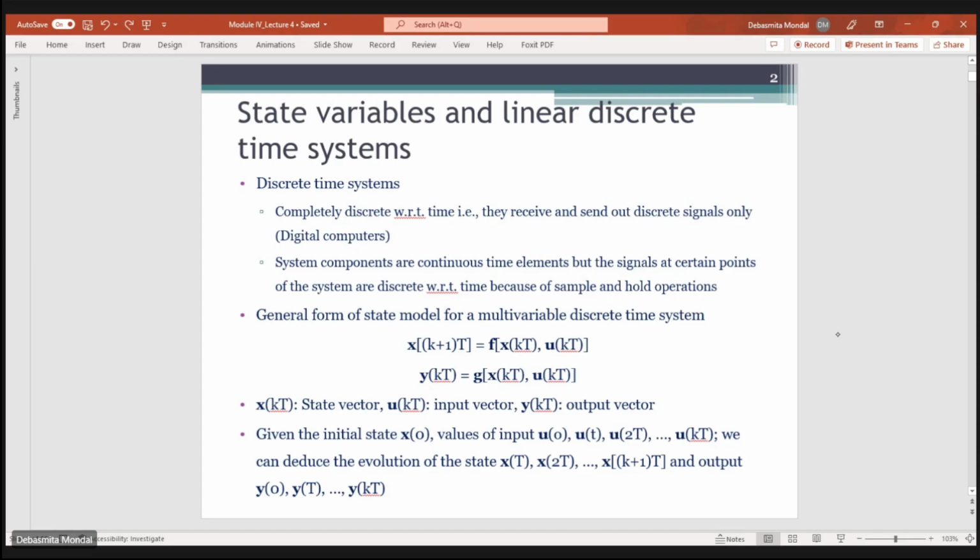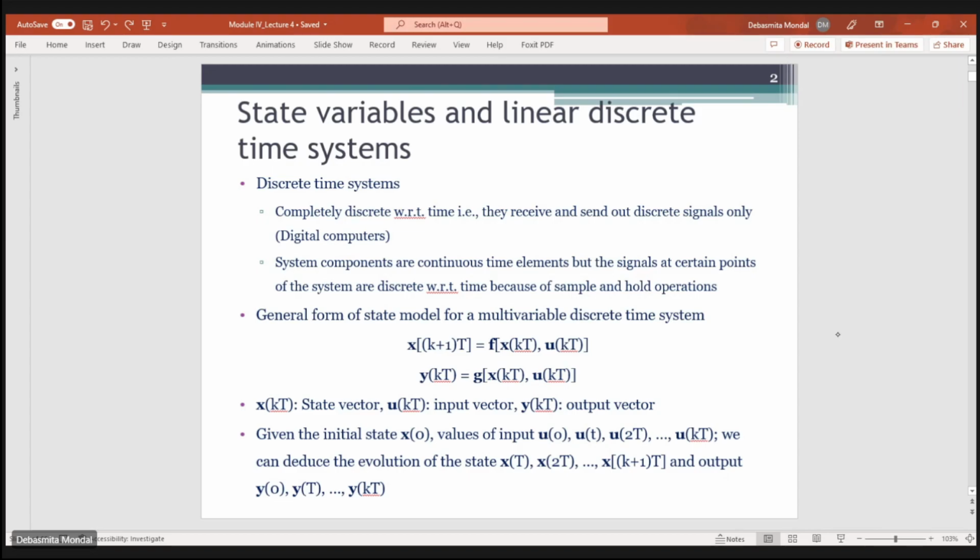Then you have u(kT), where u is the input vector, and y is the output vector. What we have done is just discretize the continuous time state equations. From this state model, if you have information about the initial state of the system, that means you should know the value at, let's say, the initial time t equals 0.